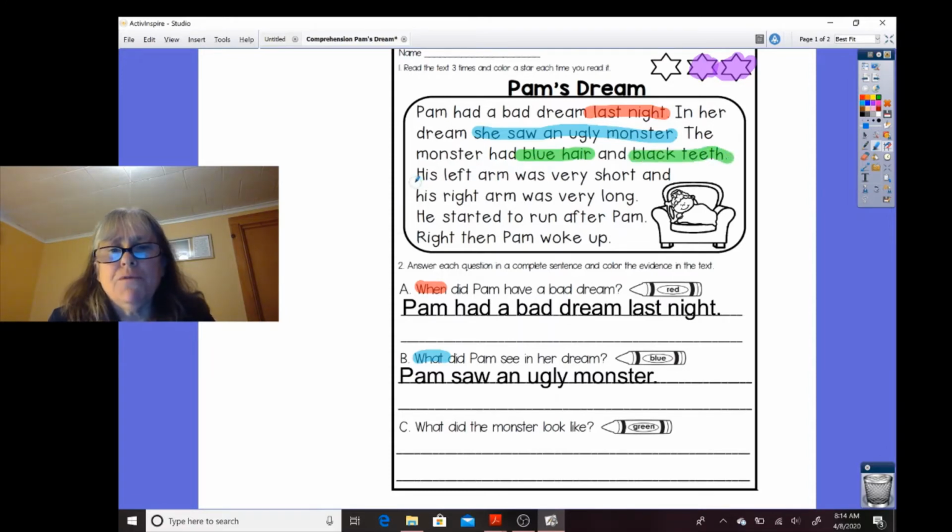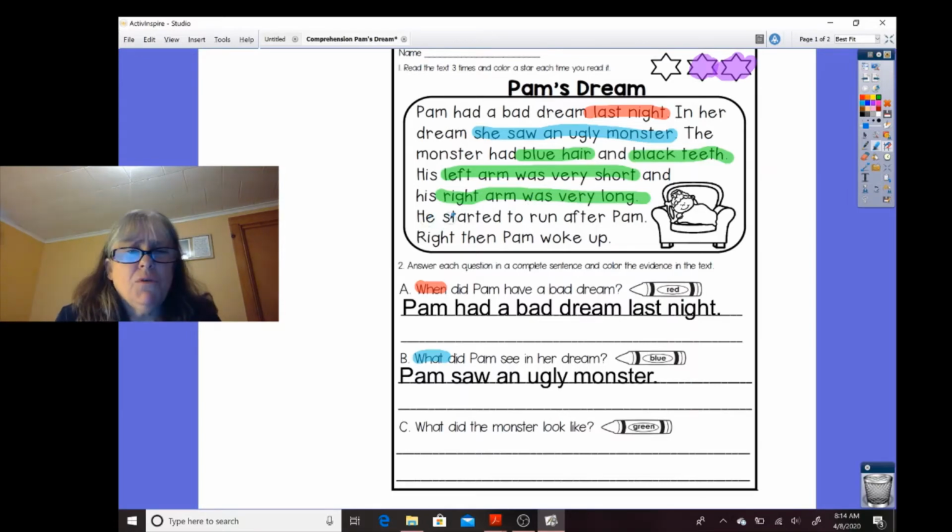Let's see if there's any more information about what he looks like. His left arm was very short. Okay, his left arm was very short. And his right arm was very long. Okay, so he's got blue hair, black teeth, a really short left arm, and a really long right arm.